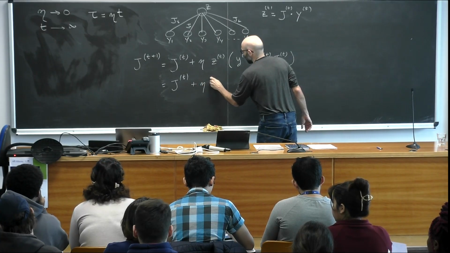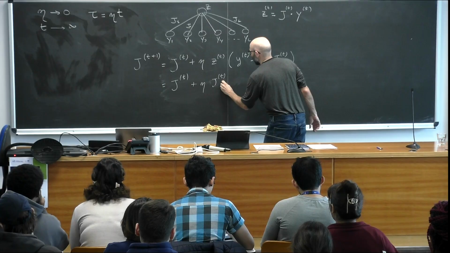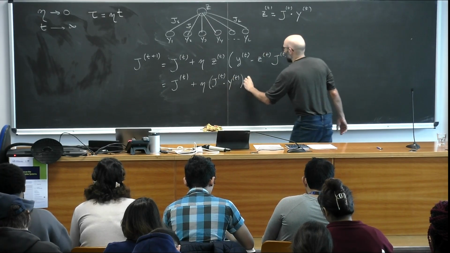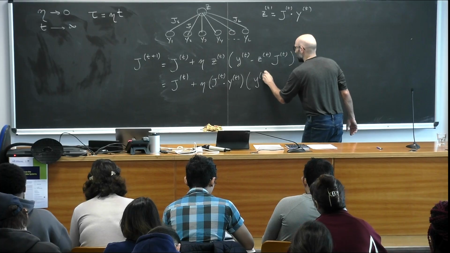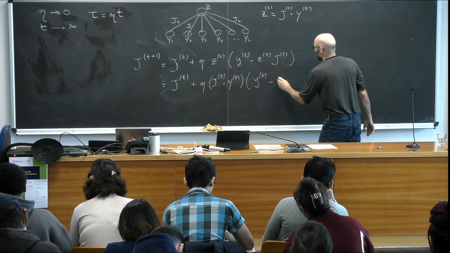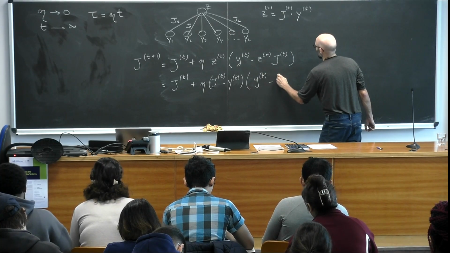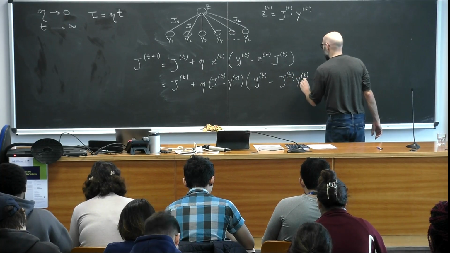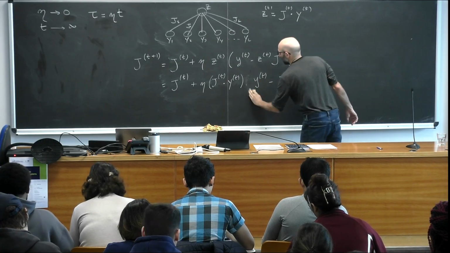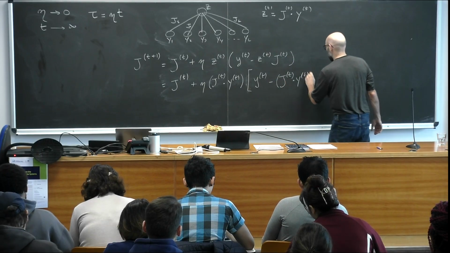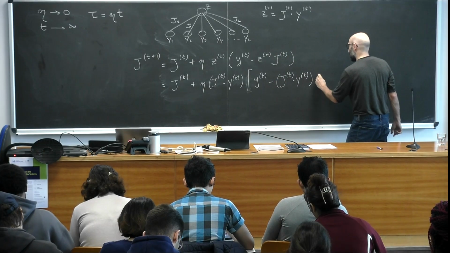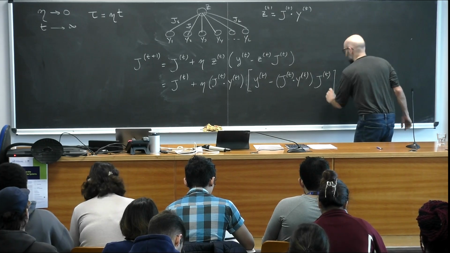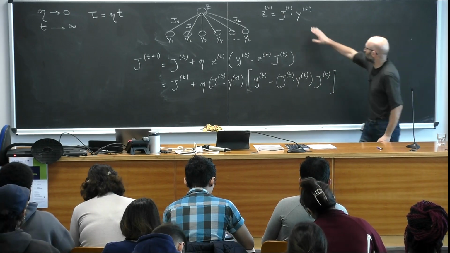So here we get j of t dot y of t, this is z, and here we get y of t minus z, which you can write as j of t dot y of t times j of t. This is the same, I just put the definition of z.